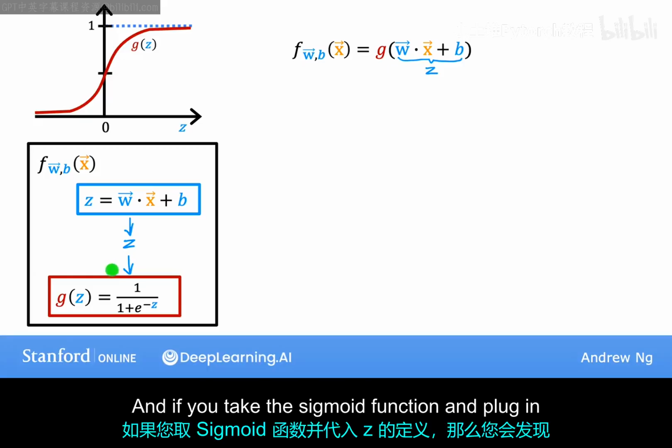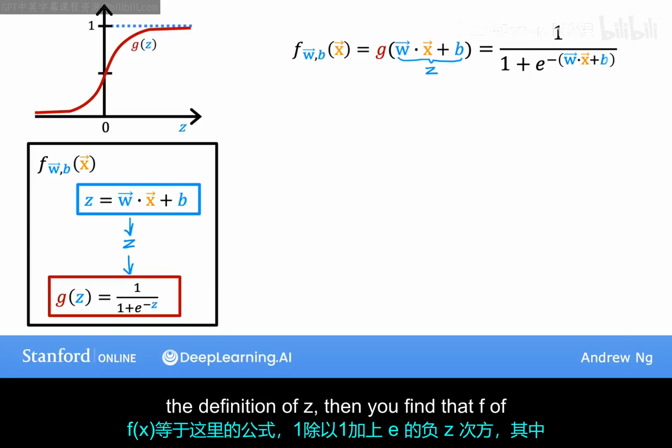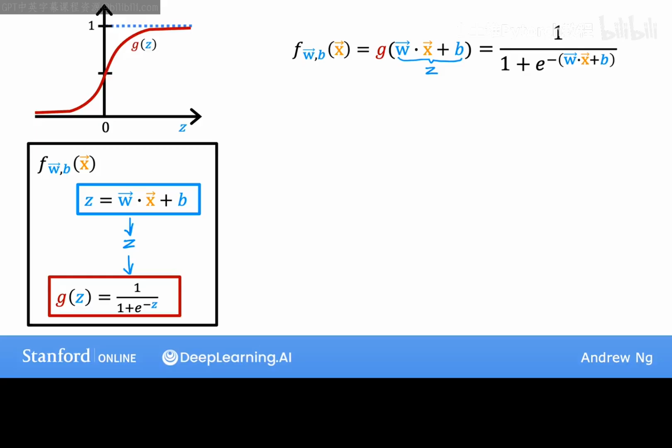And if you take the definition of the sigmoid function and plug in the definition of z, then you find that f of x is equal to this formula over here, 1 over 1 plus e to the negative z, where z is wx plus b.